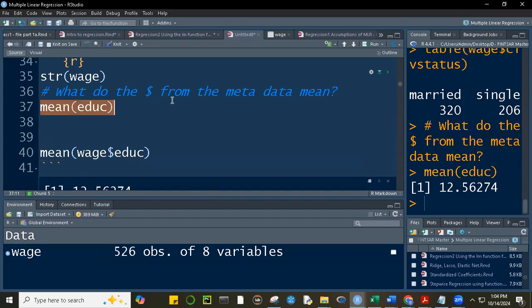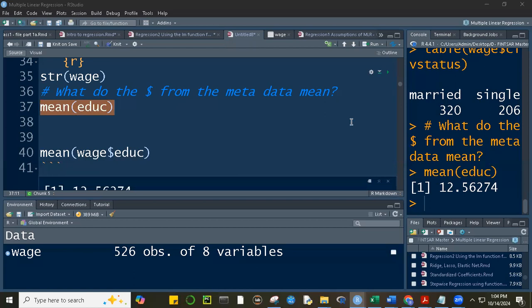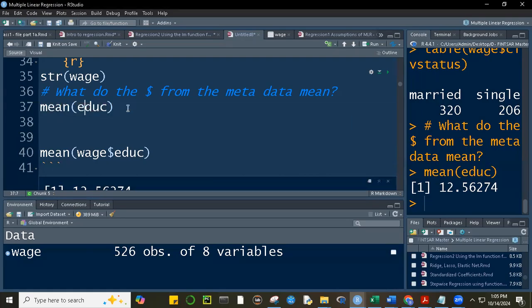Are you getting 12.56 or are you getting an NA? Error. Different class? About the others? Error? Okay. Yeah, you should be getting an error class if you get the mean of education.